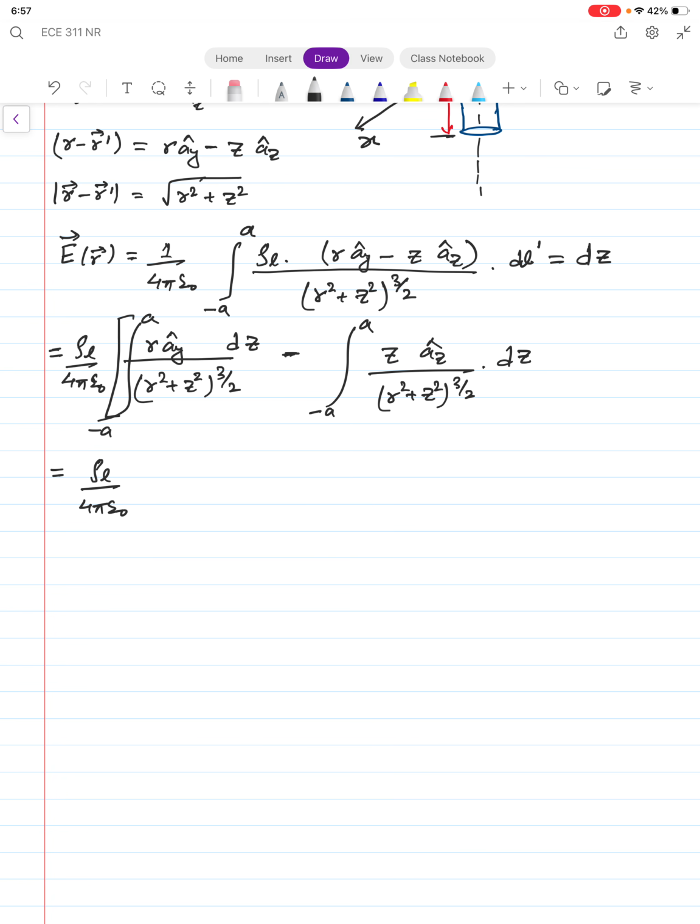And that is integral 12. Okay, so r comes out of the integral.